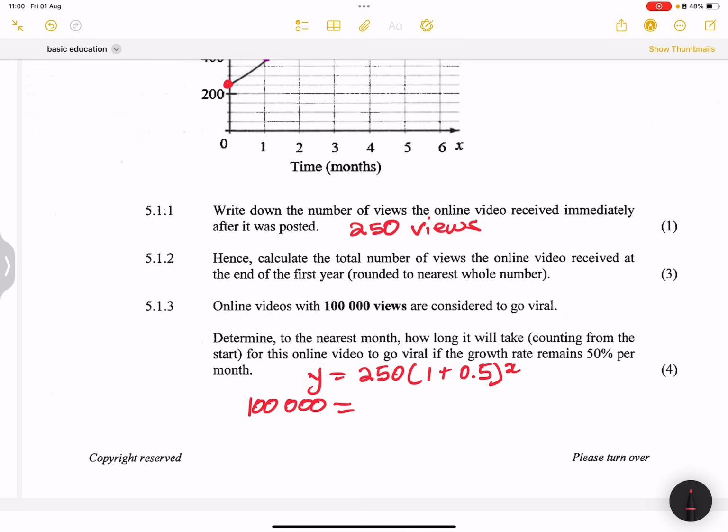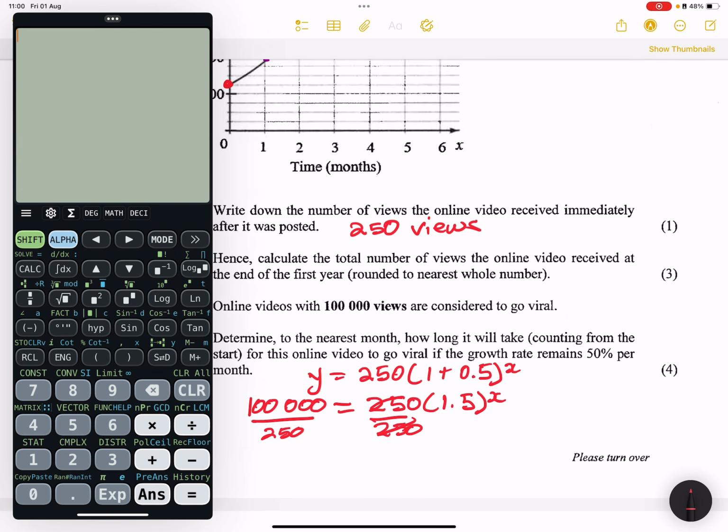This is 250 into 1.5 raised to the exponent of x. Firstly, divide by 250 on both sides. 100,000 divided by 250 would be 400. So that's 400 equals 1.5 raised to the exponent of x.